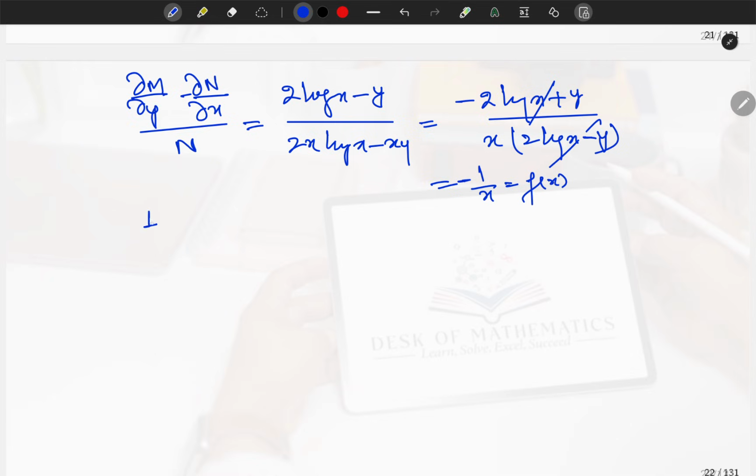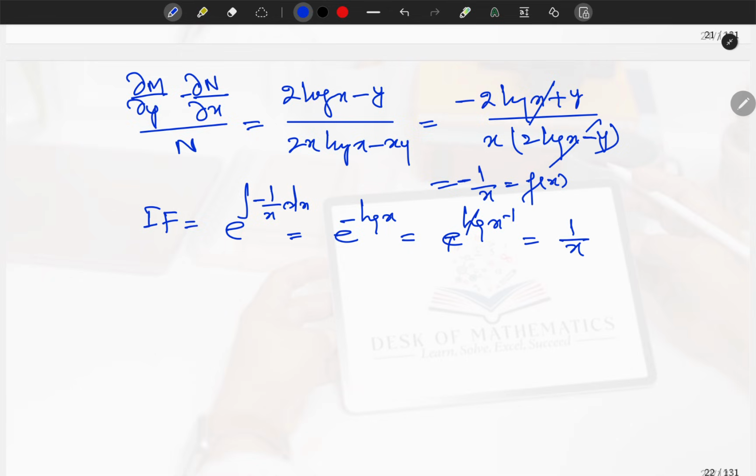So the integrating factor will be e raised to the integral of your function, that is 1 by x dx. What you will get is e raised to the power minus log of x, that is e raised to the power log of x whole raised to the power minus 1, so that is 1 by x. Now you have to multiply the given differential equation by this integrating factor, 1 by x, so you will get M dash and N dash.